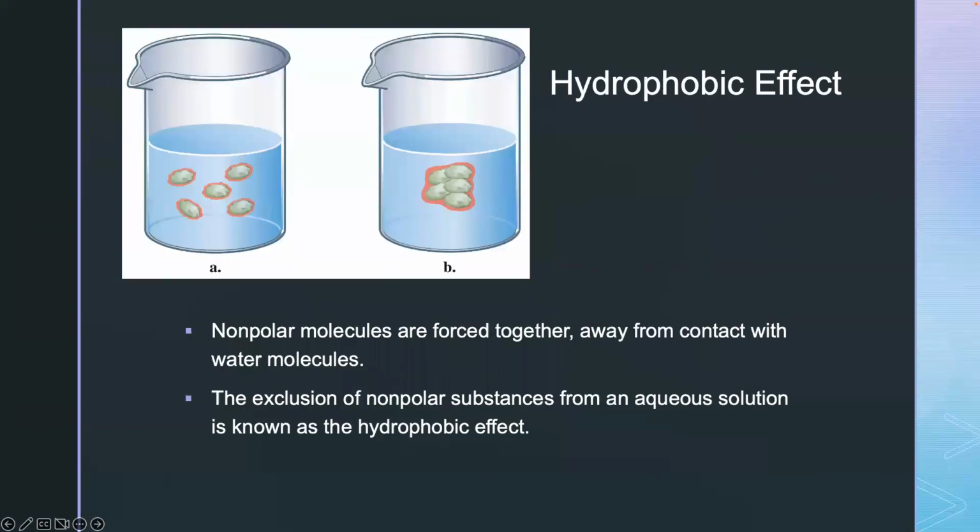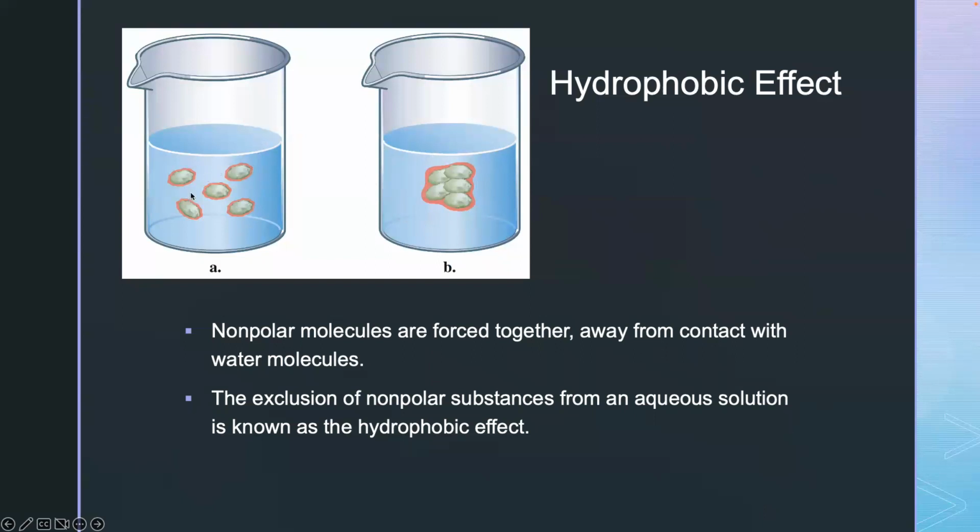So when multiple hydrophobic molecules are added, to reduce the amount of entropy that is decreasing, these nonpolar molecules will actually be lumped together. And this clumping or aggregation is called the hydrophobic effect.